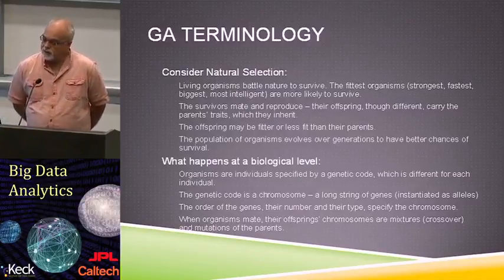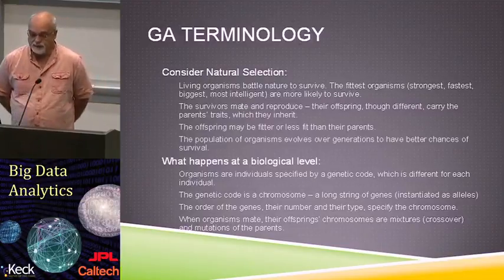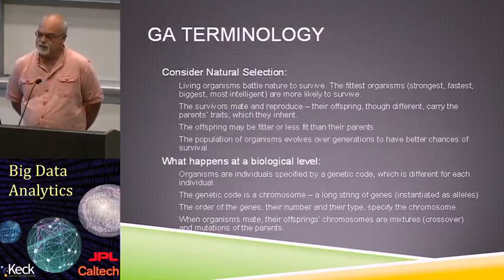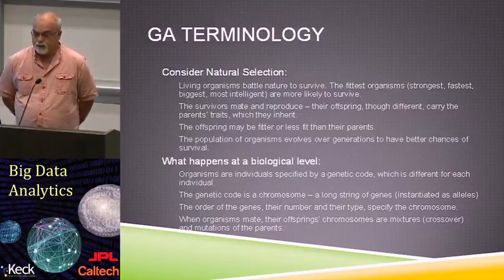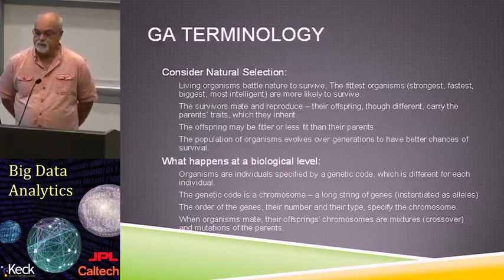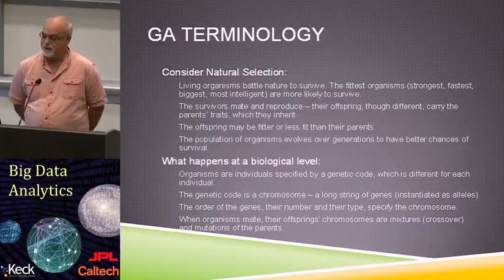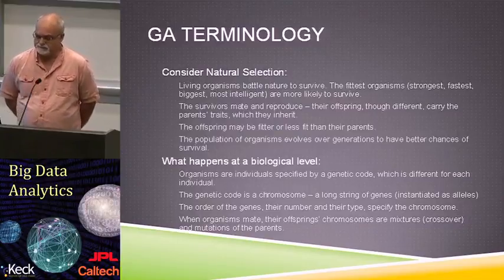The surviving organisms mate and reproduce, and their offspring, though they are different, carry the parent's traits which they inherit. The offspring themselves may be fitter or less fit than their parents. The population of these organisms evolves over many generations to have better chances of survival. And that's the principle of genetic algorithms.